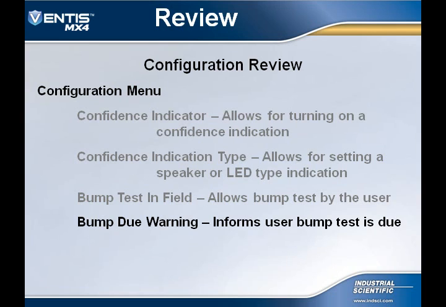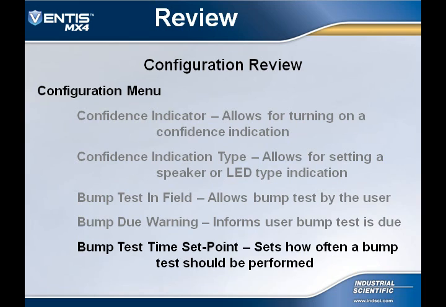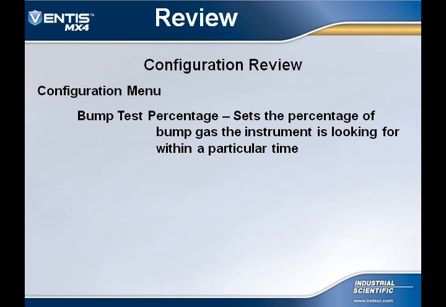Bump due warning informs the user a bump test is due. Bump test time set point sets how often a bump test should be performed. Bump test percentage sets the percentage of bump gas the instrument is looking for within a particular time.